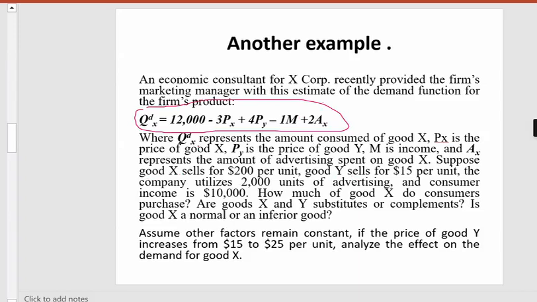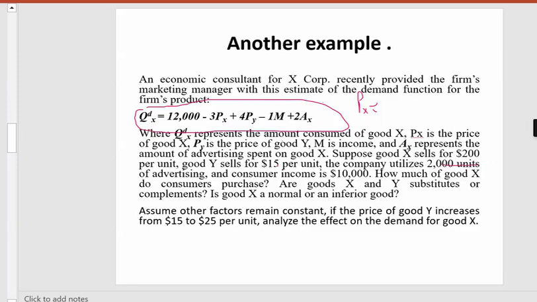Suppose QX represents the amount consumed, PX is the price of good X, PY is the price of good Y, M is income. Now, suppose PX is 200, sawa?